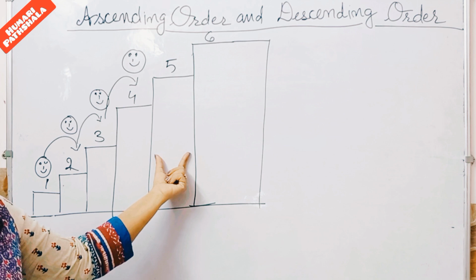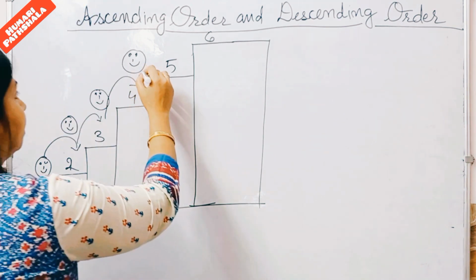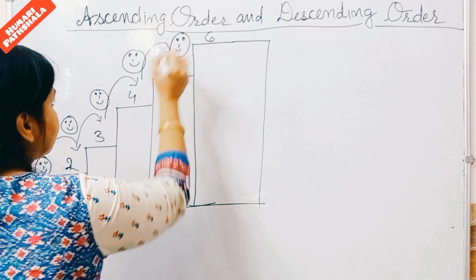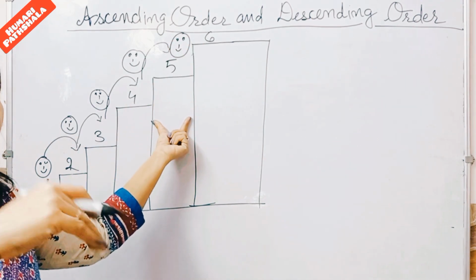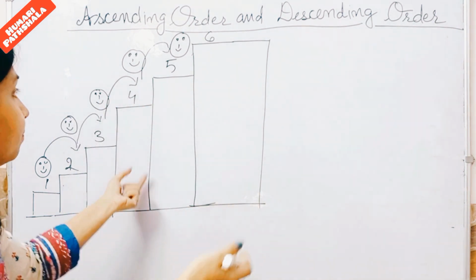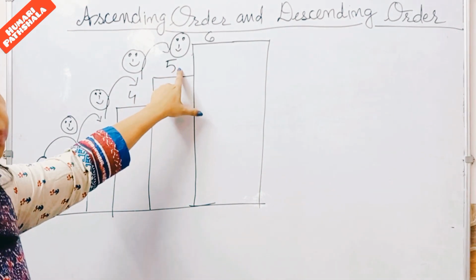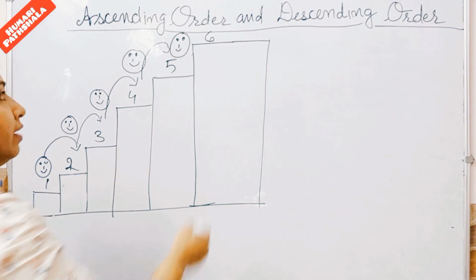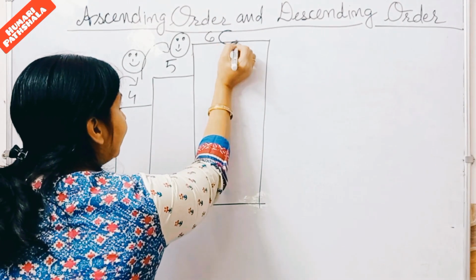Now I want to climb ahead. When I reach here at step number 5, it takes me one step higher than step number 4. Now I have to reach here at the highest point.